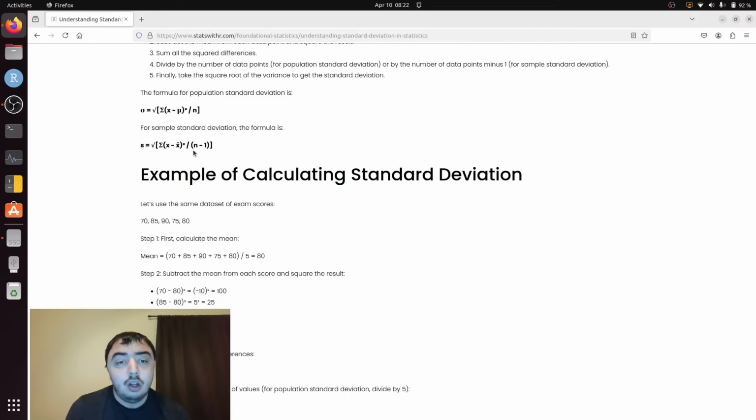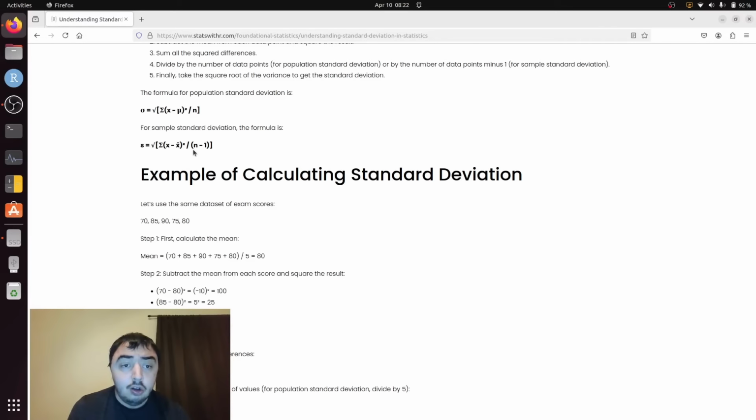As I talked about in the variance video, you do that because sample variances and standard deviations would otherwise underestimate the variability in the population. When you take a sample from a population, you lose those extreme values somewhat, and the n minus 1 is a way to compensate for that.